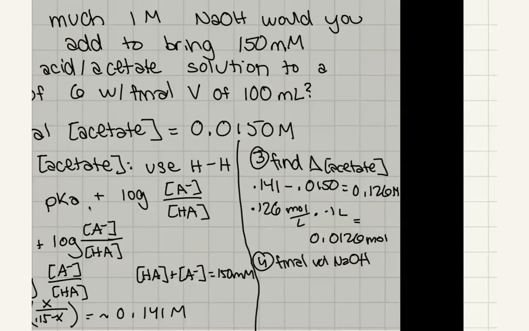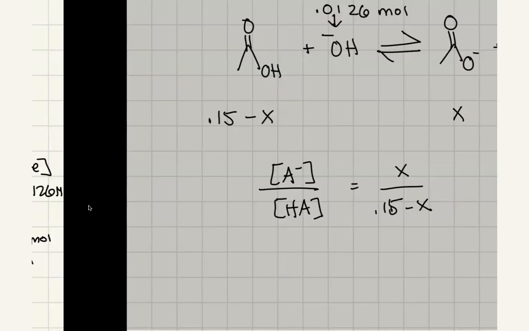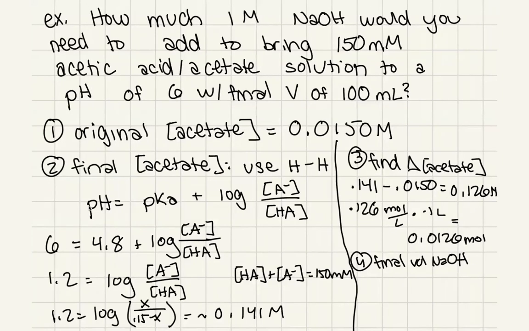This is telling us that the amount of OH we need is 0.0126 moles of NaOH in order to change the pH enough to get to the desired pH. We need that many moles worth of the acetic acid to react after it's already reached its equilibrium.